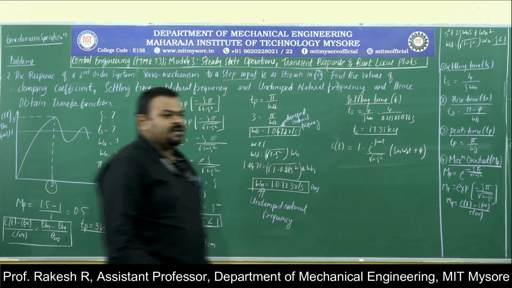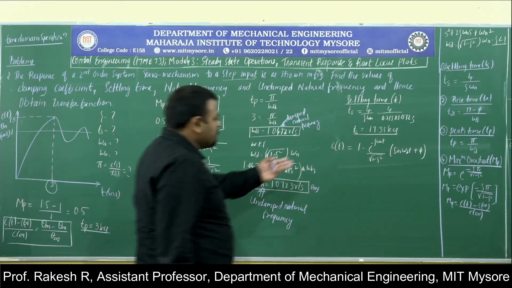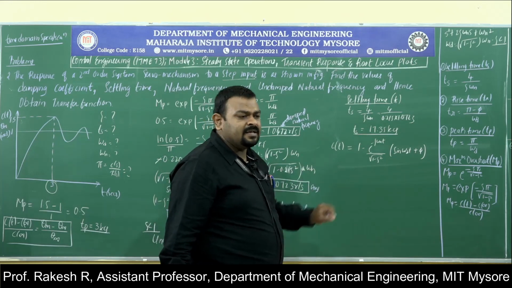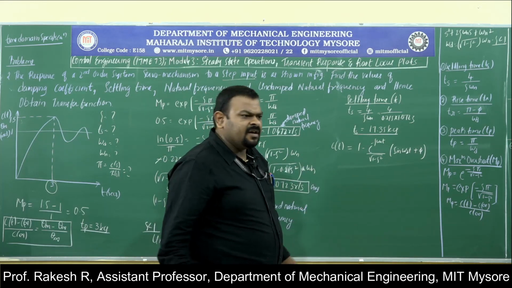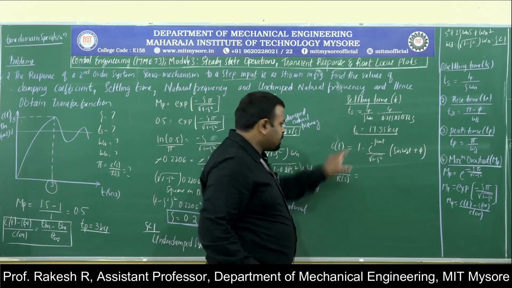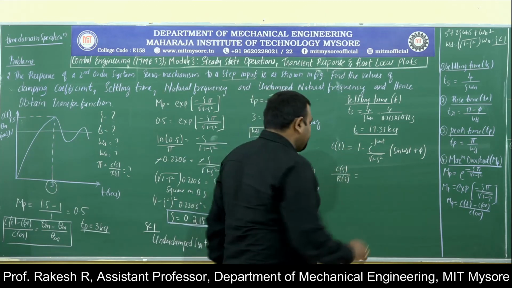This is the response of the second order system. By this you can calculate C of s and then you can calculate the final equation. Otherwise, we know the standard form of the closed loop transfer function C of s by R of s. This is one way, and this is another way of writing it.